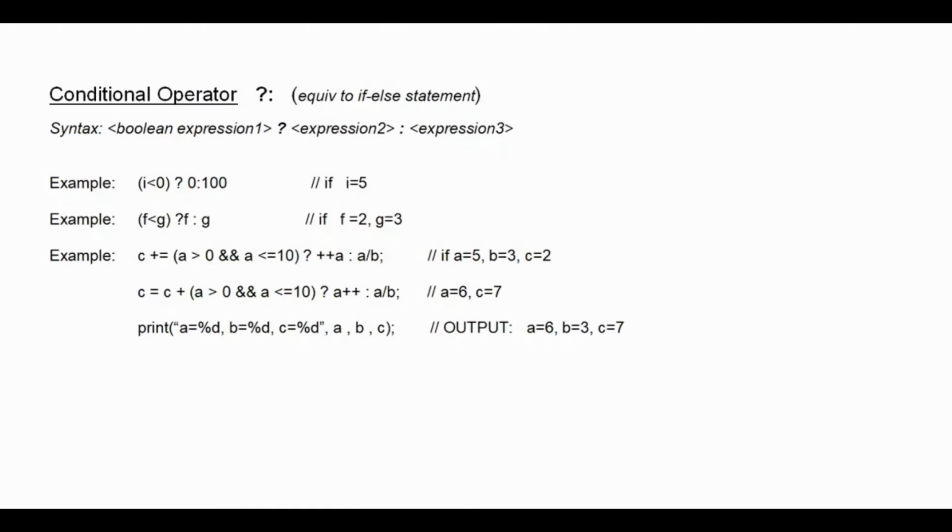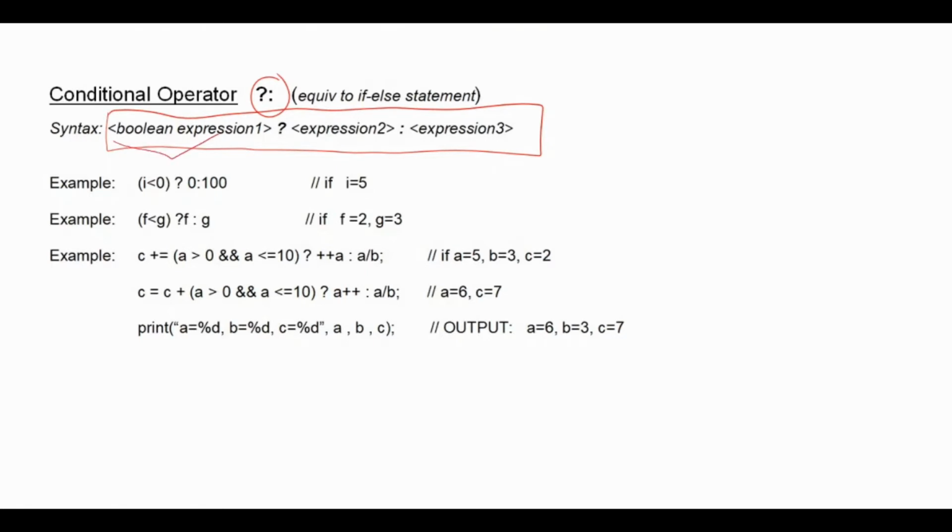The conditional operator, which consists of two symbols, the question mark and colon, is equivalent to the if-else statement in terms of execution flow. The syntax for how to use this operator is this one. In here, you have three expressions.